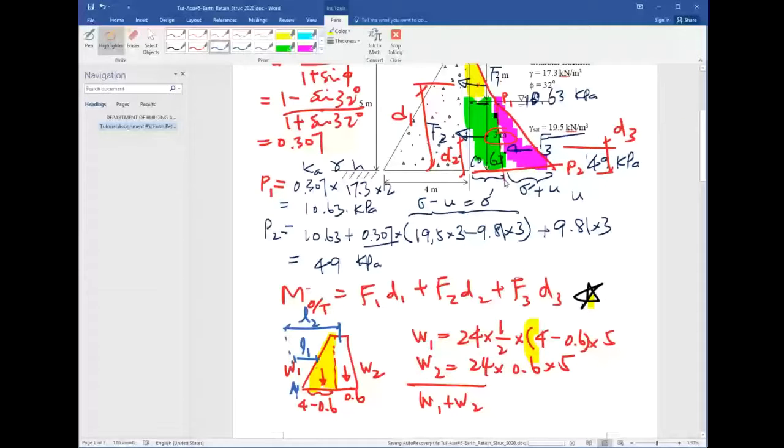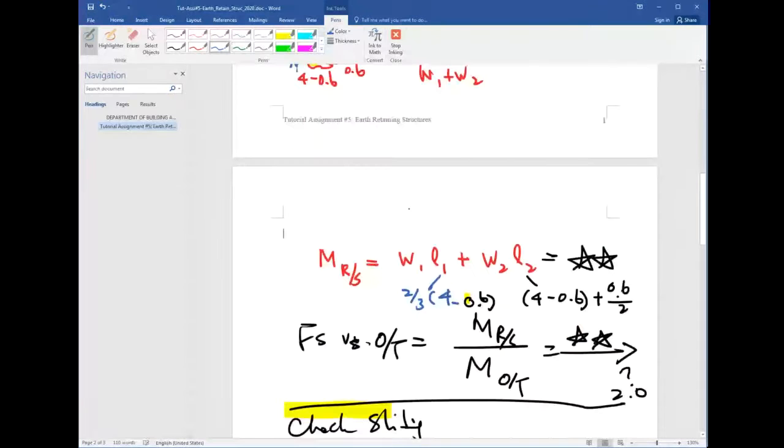Here's the midpoint, right? 2 meters, the midpoint. Now, the moment of all the forces, F1, F2, F3, about the midpoint are the same, right? So the moment about the midpoint due to the horizontal forces is always in the anti-clockwise direction. So the overturning moment will give you the anti-clockwise direction.